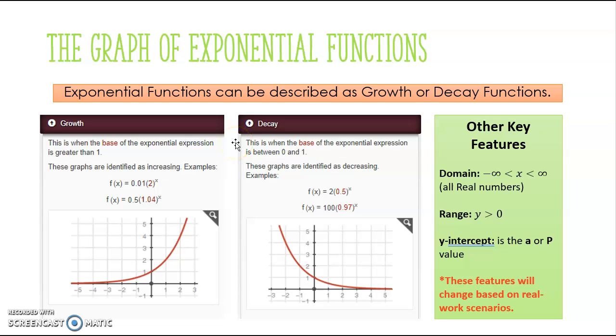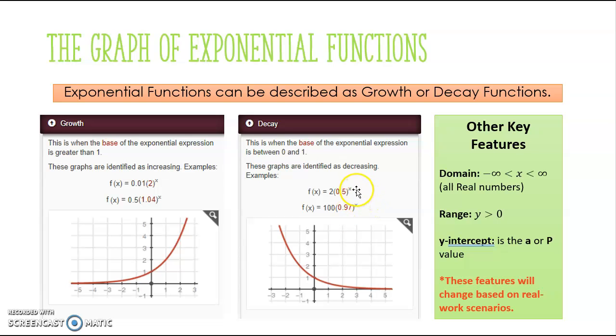It happens when your graph goes down from left to right as you read it, and the base of that exponential expression is between 0 and 1. Both of these functions are showing decay. We have 2 times 0.5 to the power of x and 100 times 0.97 to the power of x.